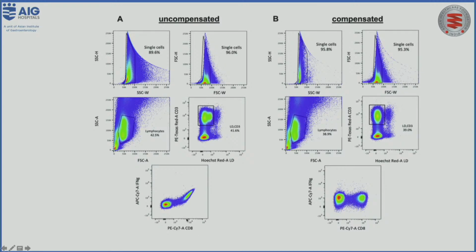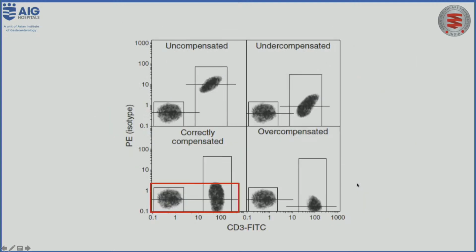Even if you analyze cytokines, one example being CD8 cells, if they are not compensated, we cannot distinguish the positive from the negative cells within the CD8 cells. Here you can see the different gamma cells properly using this compensation, showing the difference from uncompensated.